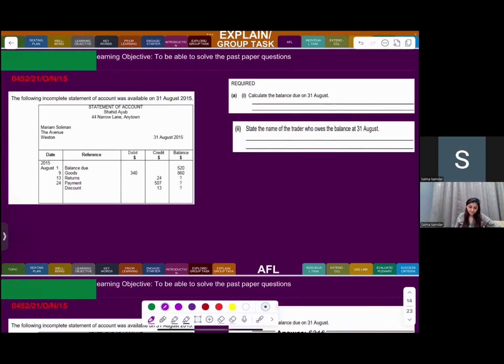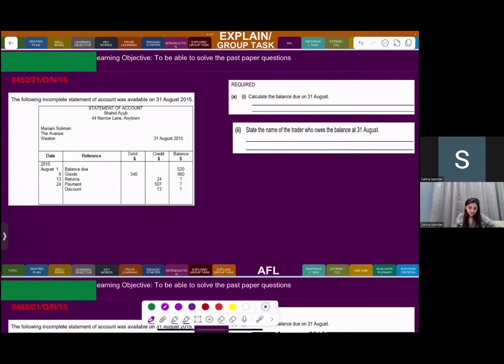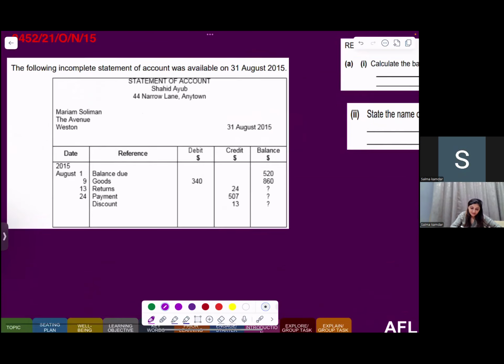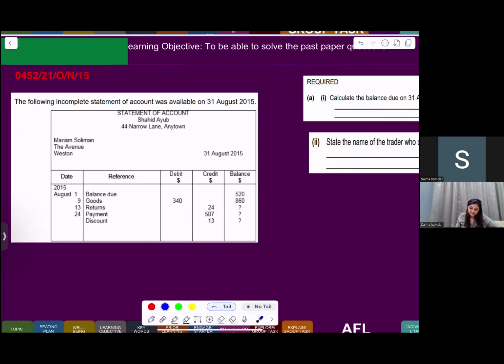Now, here, this is another question of October, November 2015, paper 21. The incomplete statement of accounts was available on 31st of August. I need to complete this. That means Shahid Ayub has issued the statement of accounts.